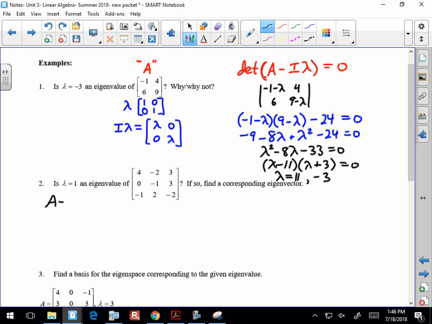A minus I lambda would be 4 minus lambda, negative 2, 3, 0, negative 1 minus lambda, 3, negative 1, 2, negative 2 minus lambda.